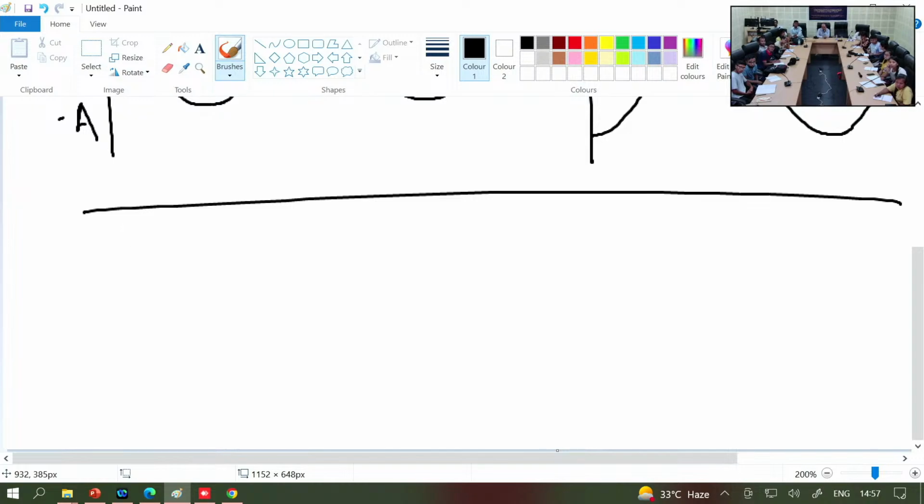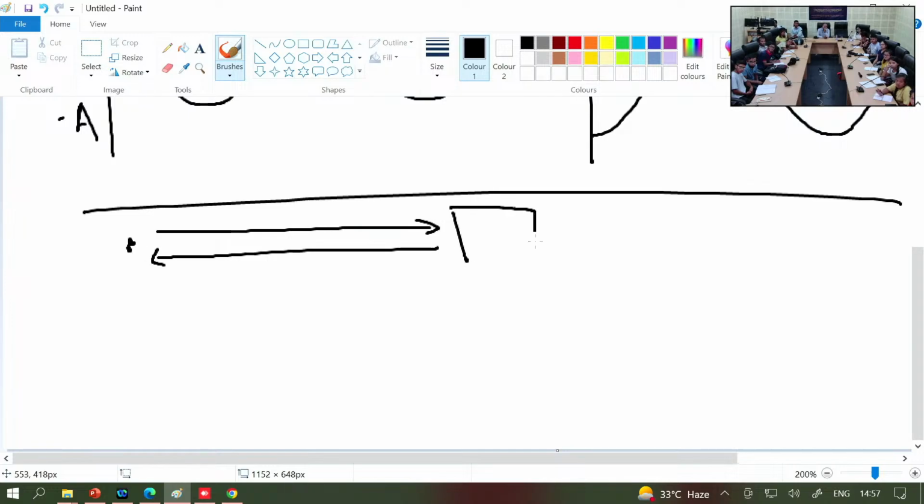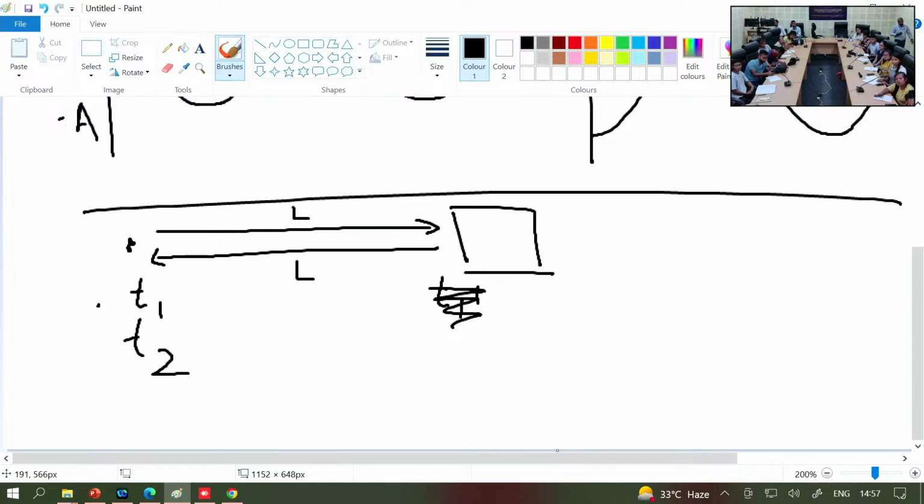So, this is your sensor, and it is going to be sending the signal, and it is going to be receiving the signal from the target. So, this distance is L, this return distance is also L. Now, it is sending at some time t1, it reaches the target at t1 plus something, and then it is sent back also, and then we get it at t2, correct.